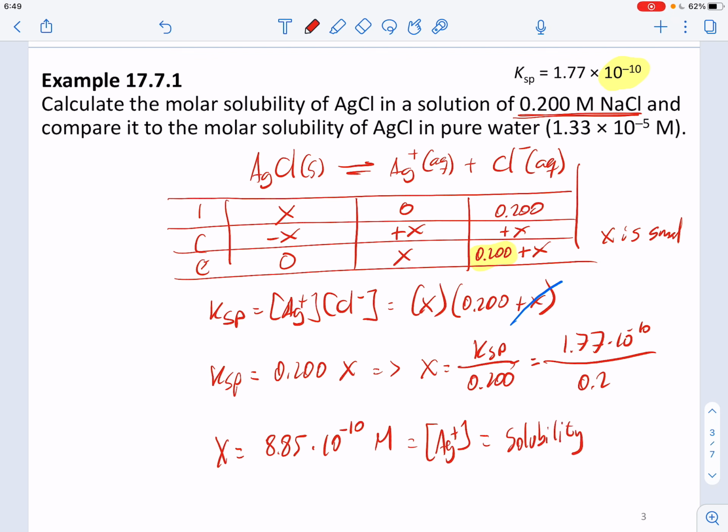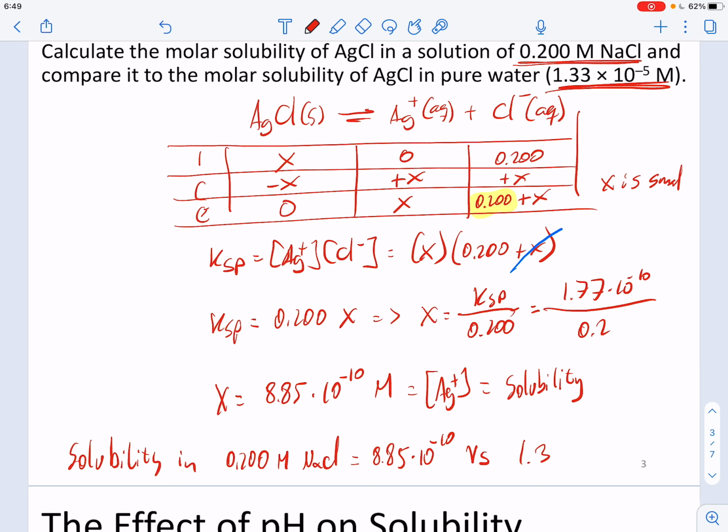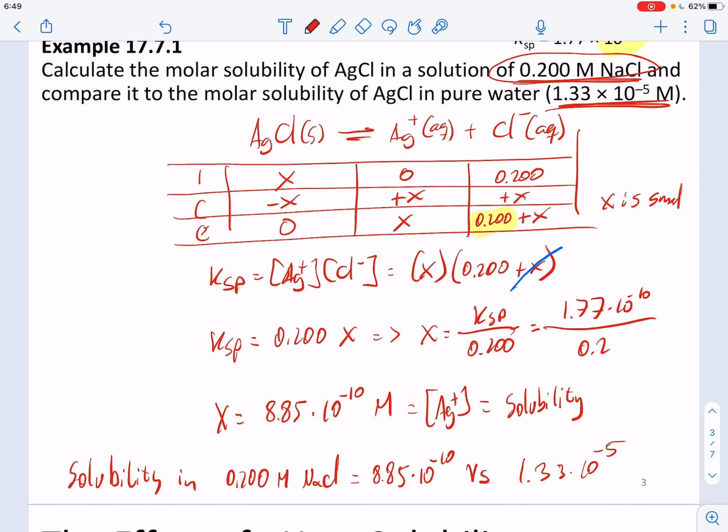So what we are comparing here: the solubility in 0.200 molar NaCl is equal to 8.85 × 10 to the negative 10, versus pure water, which is 1.33 × 10 to the negative 5. So the solubility decreased by 5 orders of magnitude here by just having some sodium chloride in the solution. Okay, so that is the impact of the common ion.